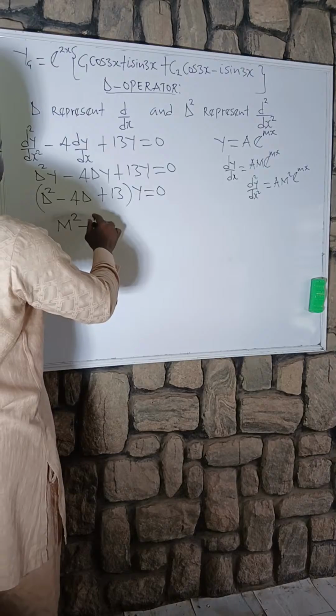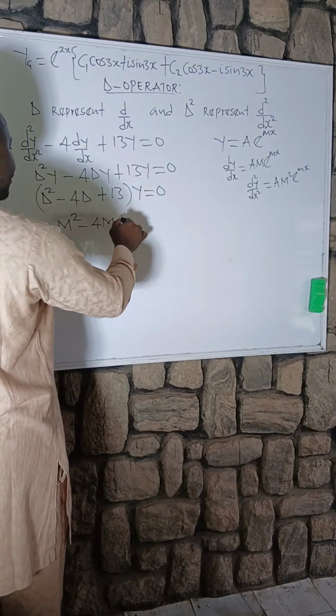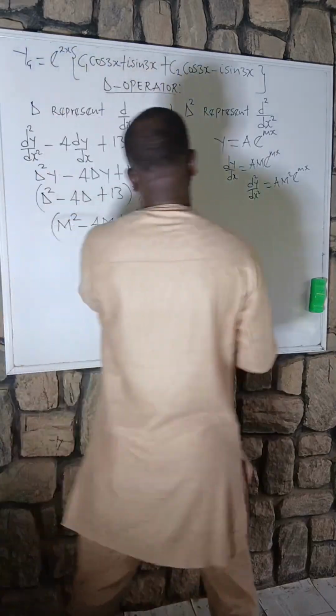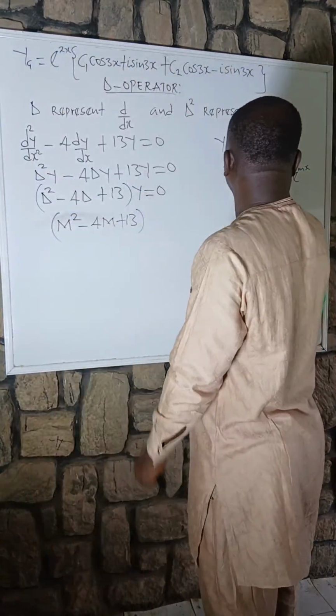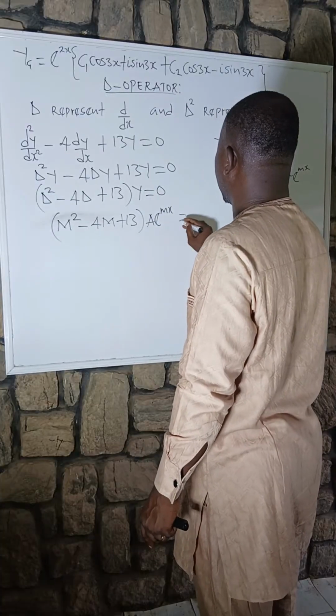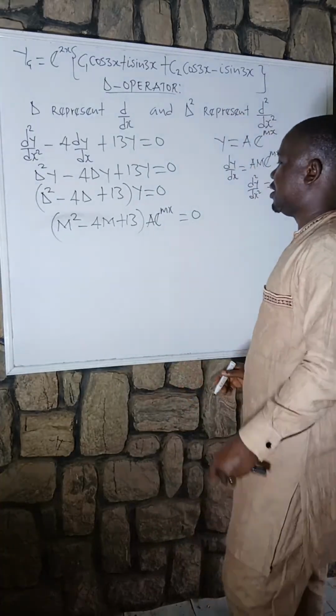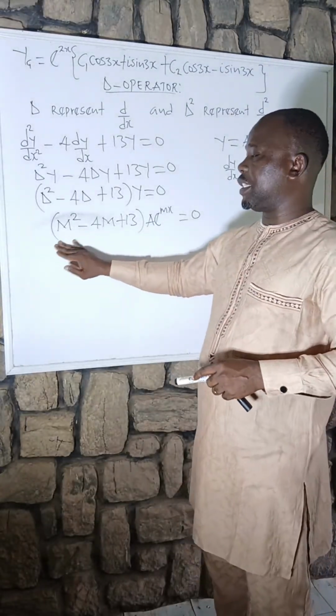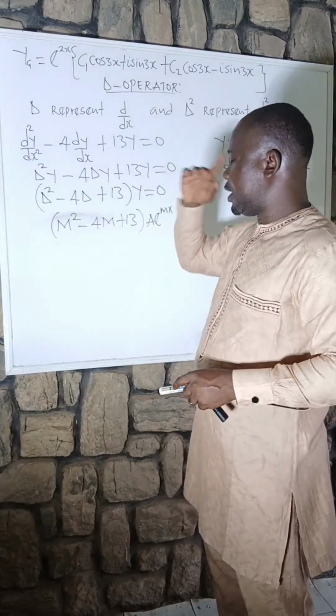So you can now see that your y, which is a exponential mx, times this, equals to 0. Can you see now? So it's almost the same thing. At the end of the day, you still use any of the methods.